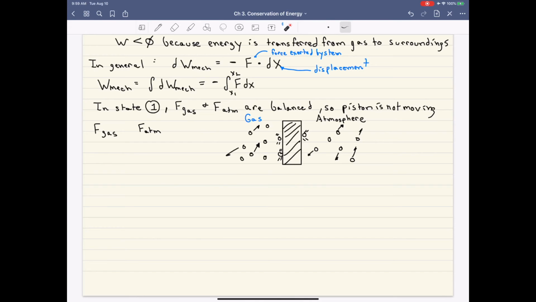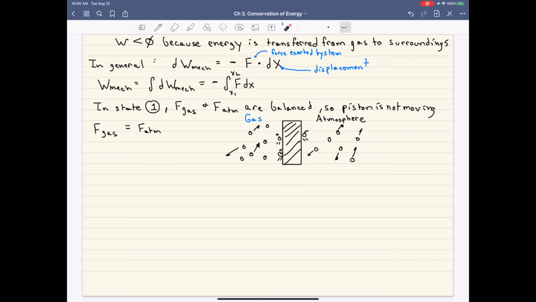And so in state 1, we said that the force gas and the force atmosphere are balanced, and so that's why the piston isn't moving. And so likewise, mathematically, we could just say the force exerted by the gas is going to be equal to the force exerted by the atmosphere. Now, we know this statement is true, but we still need to figure out what F gas is.